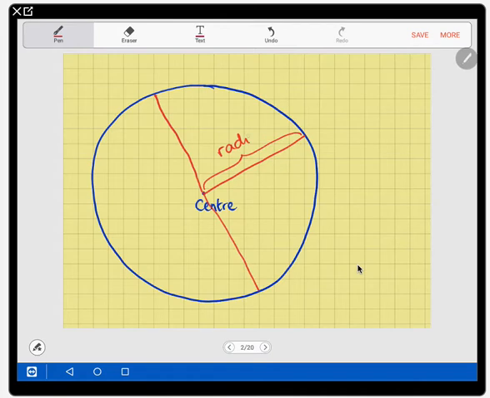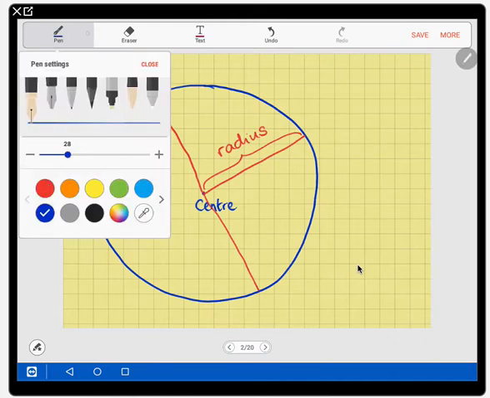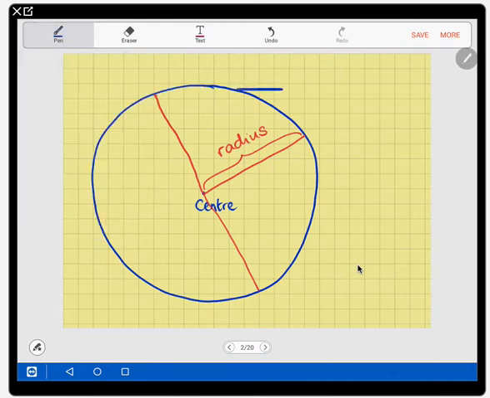The radius. Okay? That blue part here that you see, the circle itself, that one is called the circumference.